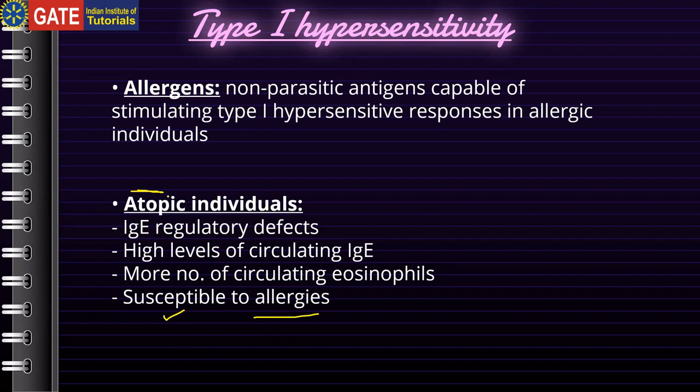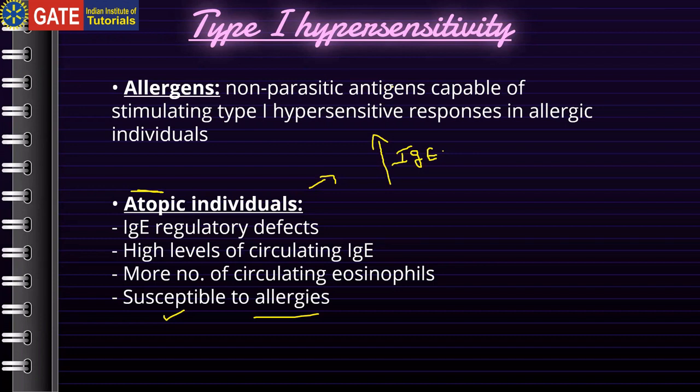Those kinds of individuals only, friends, we call atopic individuals. Don't get confused. I am not saying that they do not have IgE. No, I'm not saying that. They do have the IgE antibody, friends, but what will be the level? The level of IgE will be extremely higher.